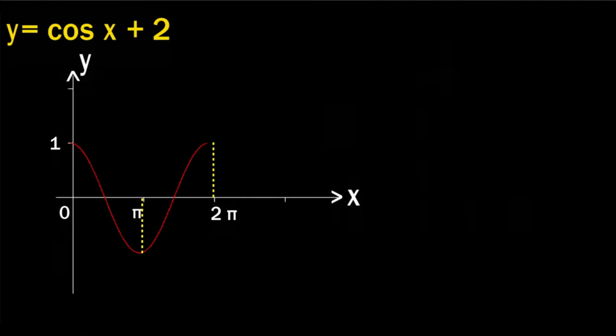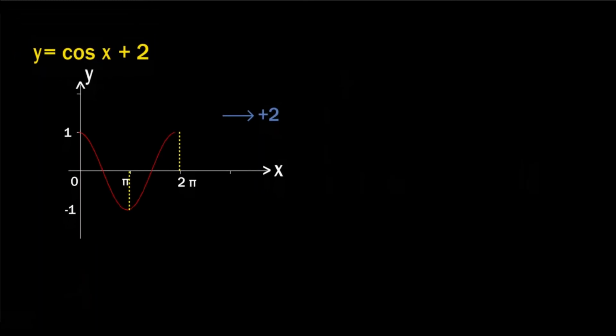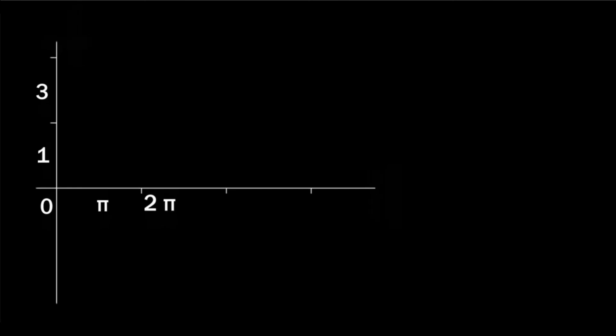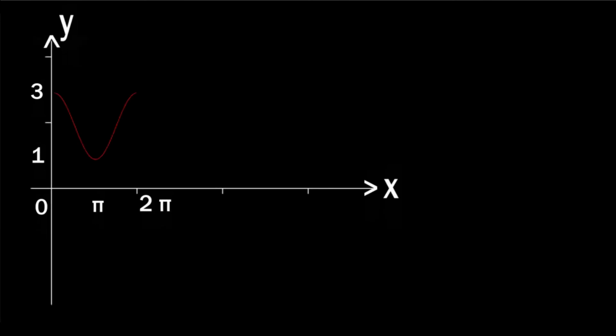Now since we plus 2, the whole graph is shifted up by 2. So the maximum value will become 3 and the minimum value will become 1. So we have the entire graph shifted up by 2.